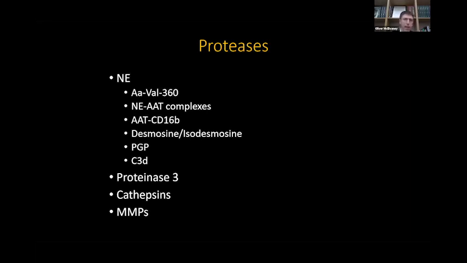But in terms of assessing NE activity in alpha-1, what exactly can we do? How do we assess NE activity and then use it as a marker of, say, response to therapy? Well, there isn't much of it in airway secretions at baseline, as we mentioned. Lavage in severe alpha-1 can be unreliable. We often can't get sputum, and we can't go doing serial bronchoscopies in patients every time they have an exacerbation.